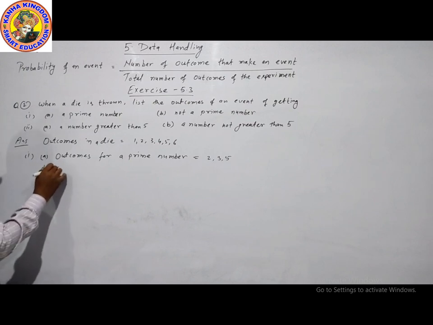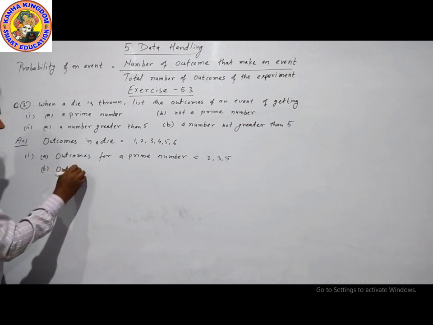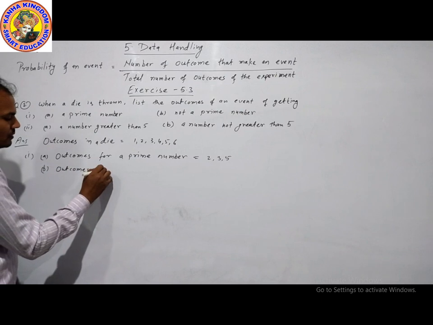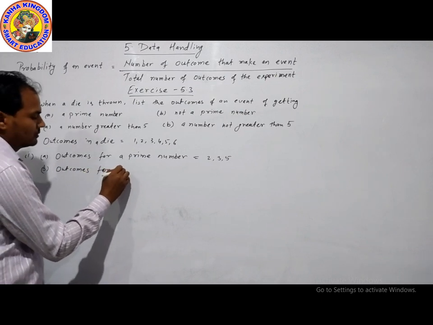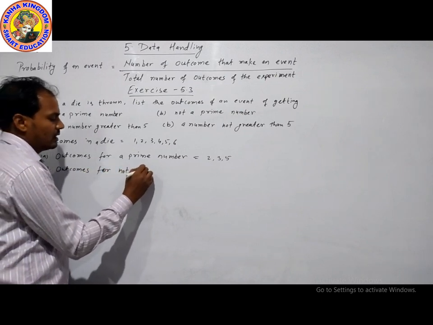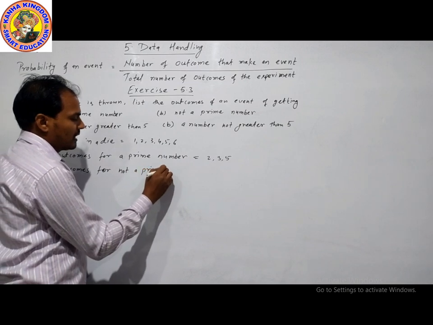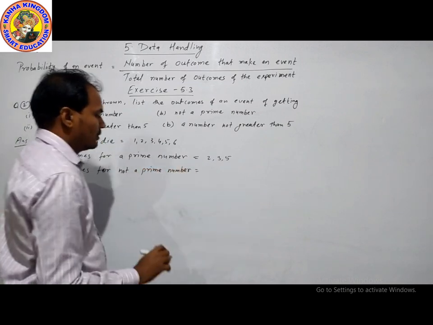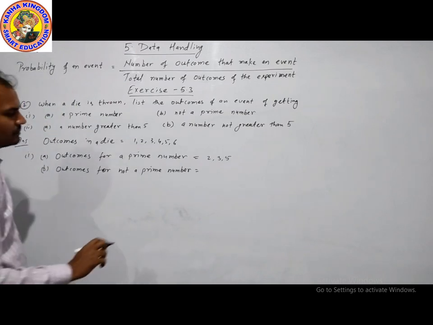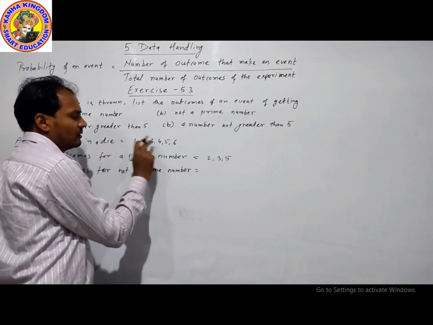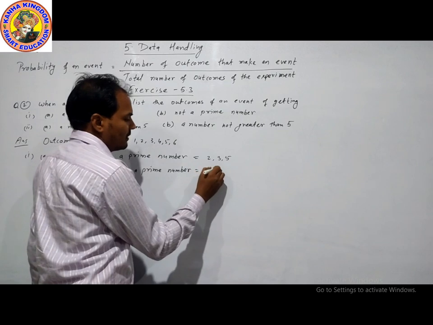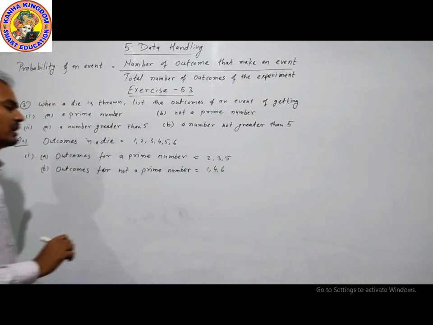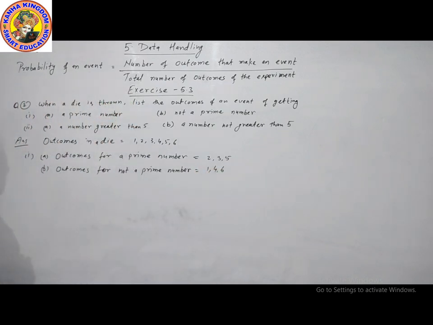Now second, outcomes for not a prime number. Which are not prime numbers? 1, 4 and 6 are not prime numbers. So these outcomes are not a prime number.